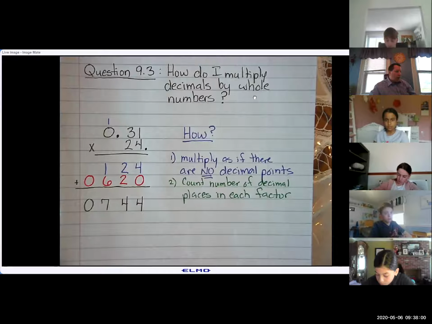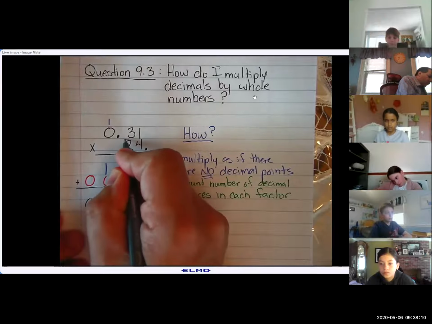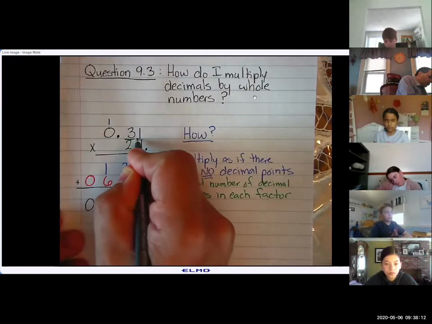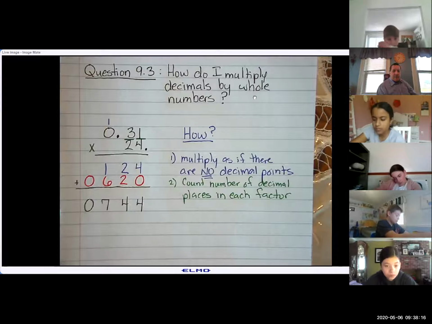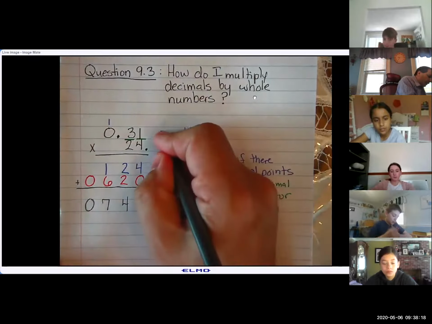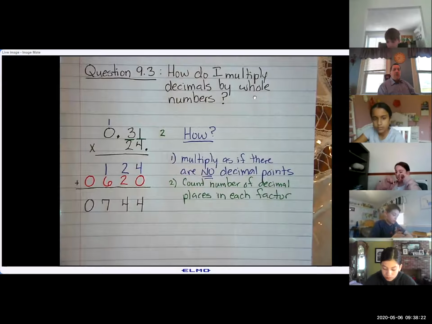So in our first factor of 31 hundredths, how many decimal places are there? Well, here's my decimal point. There's 1, 2. There are 2 decimal places in that factor. So I'm going to write the number 2. That means 2 decimal places.